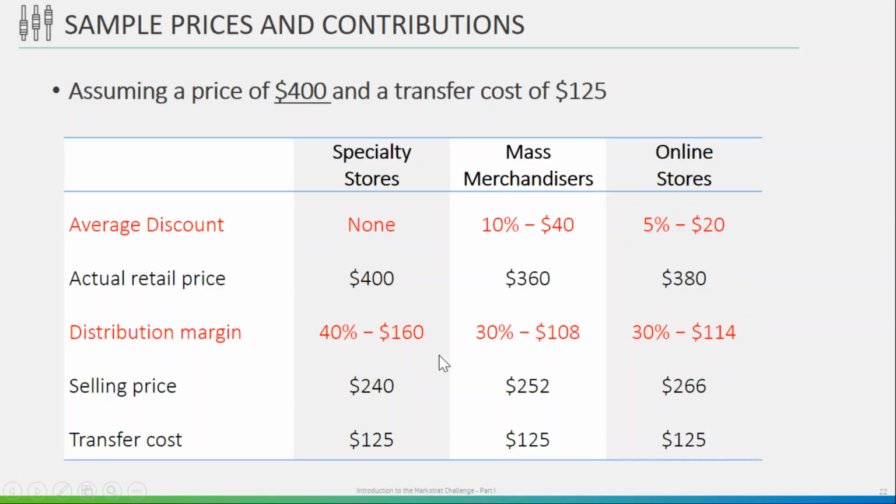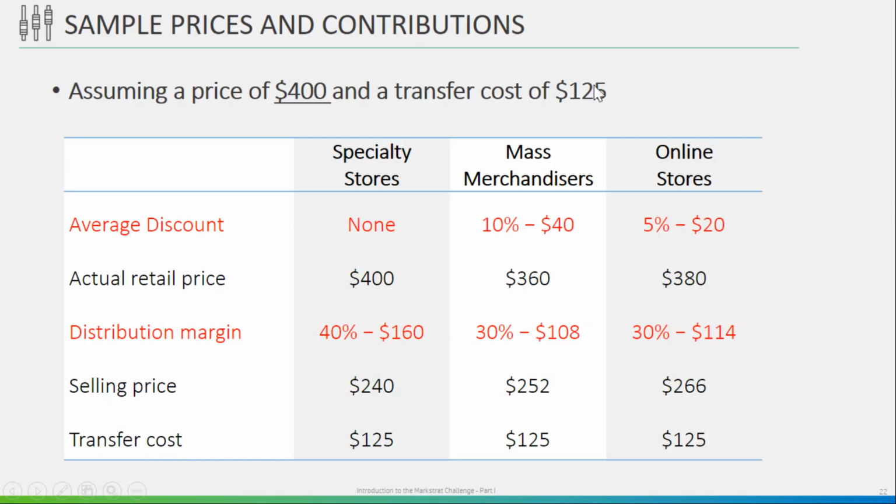Each of these channels also takes a margin. They are in business to make money, and so they're going to take a percentage of the selling price. Okay, and so specialty stores take 40%, mass merchandisers 30%, online stores 30%. So your end selling price to each of these retailers is 240 for specialty stores, 252 mass merchandisers, and 266 to online stores.